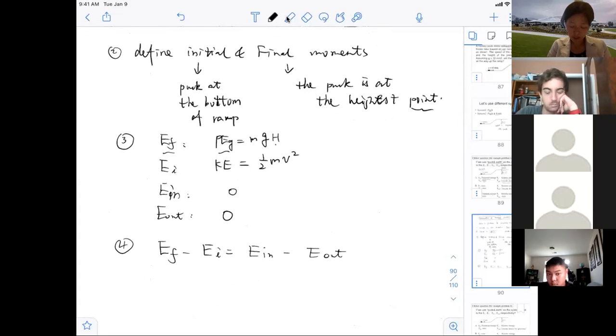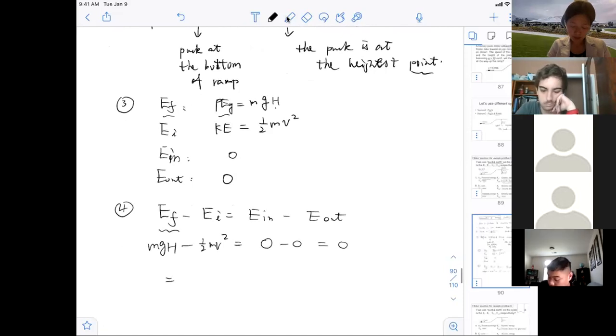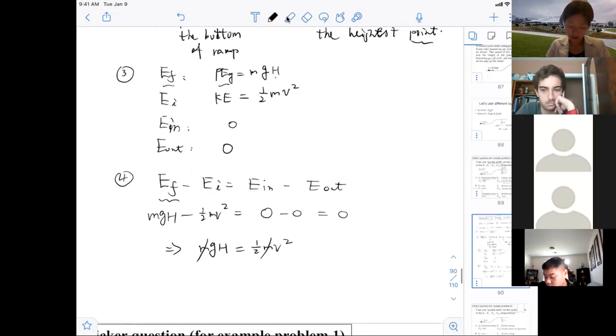If I put mgh as my final, 1/2 mv squared as my initial, equal to 0 minus 0, which is 0, I can cancel my mass and solve for the height to be v squared over 2g.